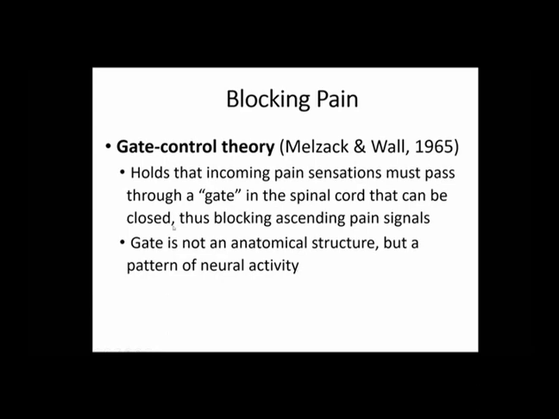So that descending signal that we saw in green can block those incoming or ascending pain signals. And that's kind of what we think is going on in how we feel pain, but it's not necessarily very well understood.